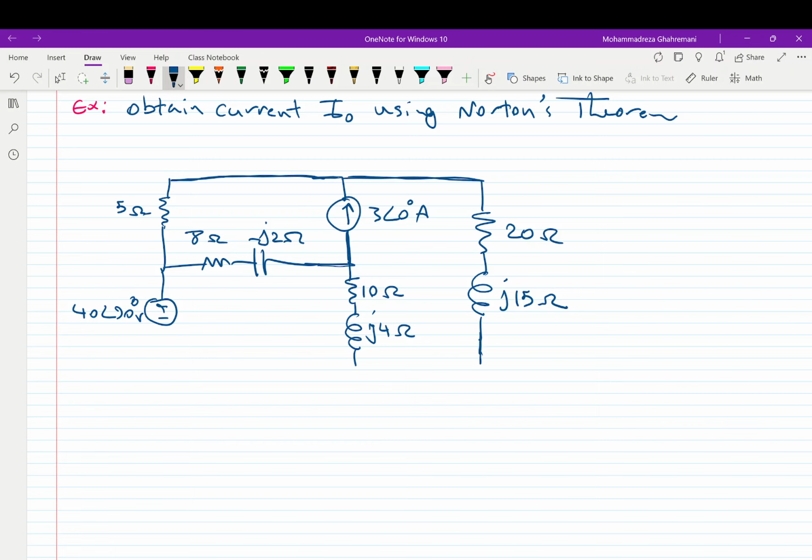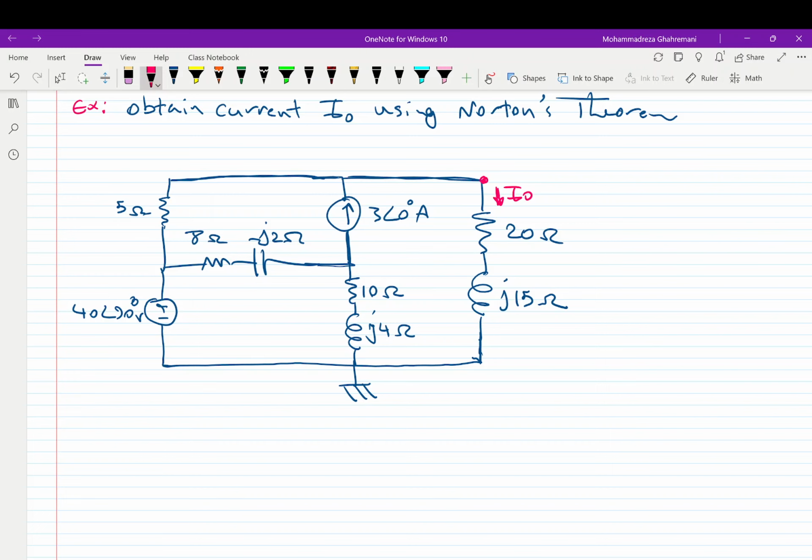And we are going to find IO. Well, what is IO? Okay, so IO is this current.